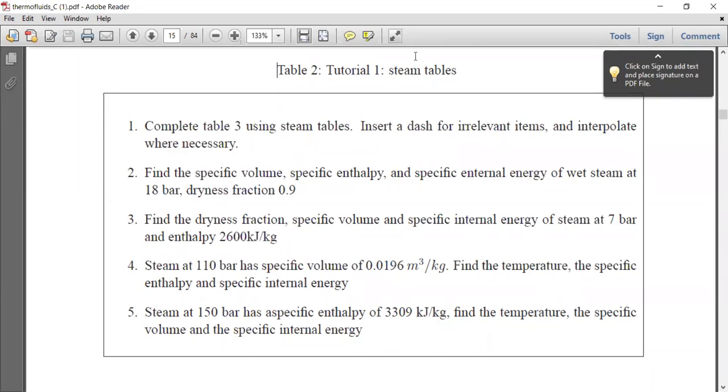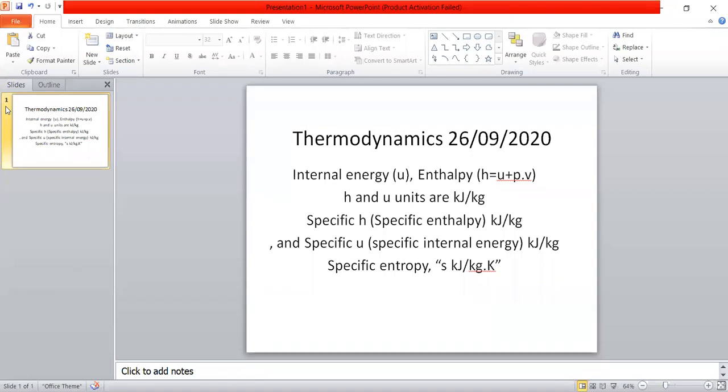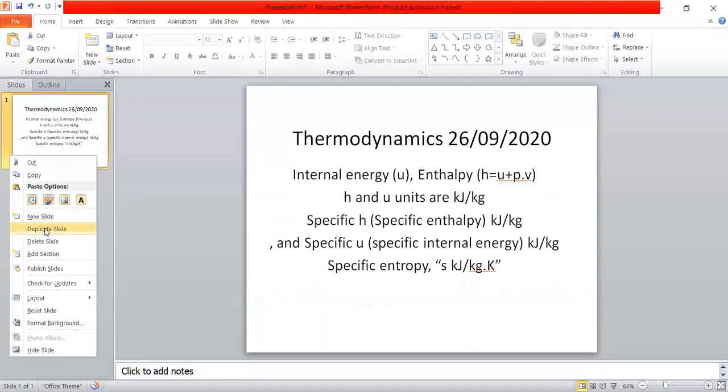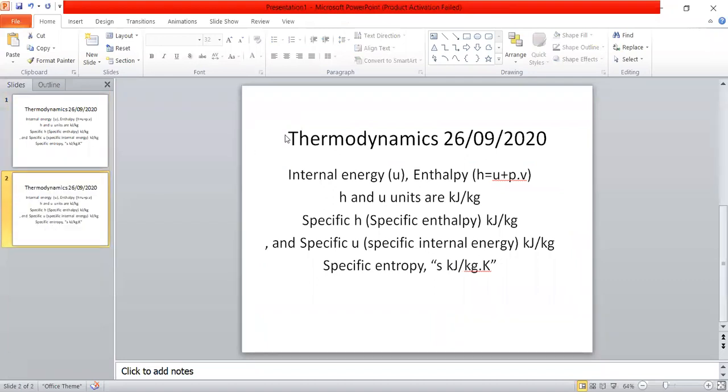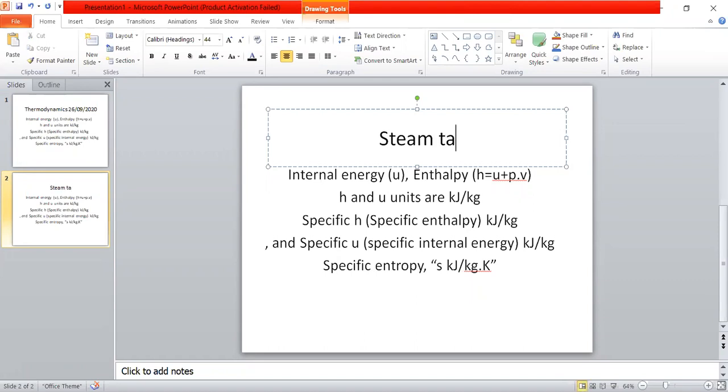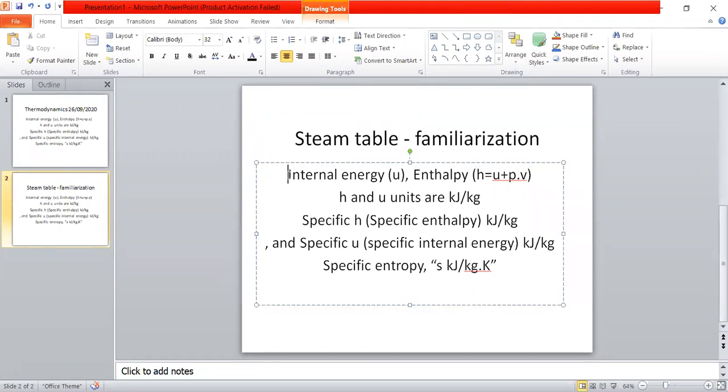It's a very big question to you. In this tutorial you have steam tables, and these questions are to review or familiarize with the steam table. Familiarization. So this is the objective.